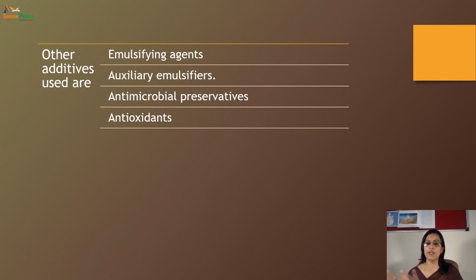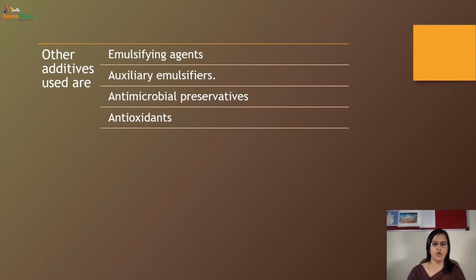Other additives for emulsions: we need emulsifying agents, auxiliary emulsifier, antimicrobial preservatives and antioxidants. So this then forms the complete formulation of emulsion.